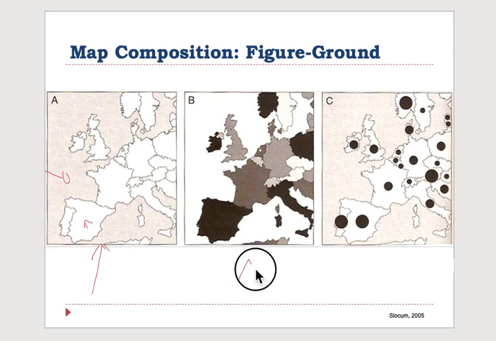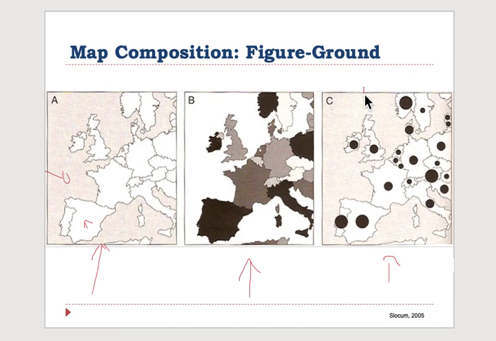Whereas in B, the situation in which the water is represented as gray, this would be inappropriate. And in C, we could see these are 3 levels of information established through figure-ground relationships.